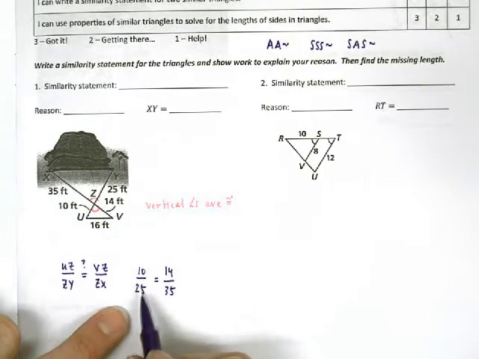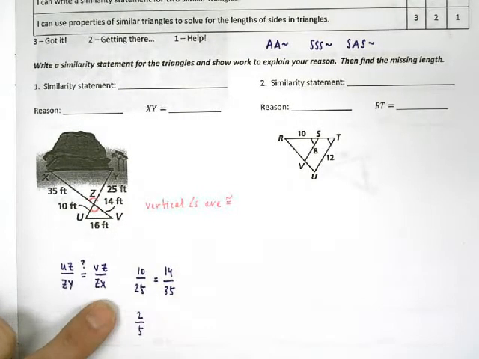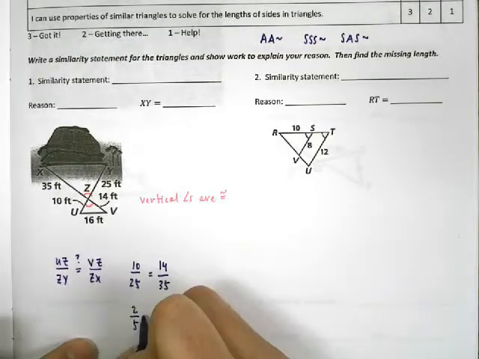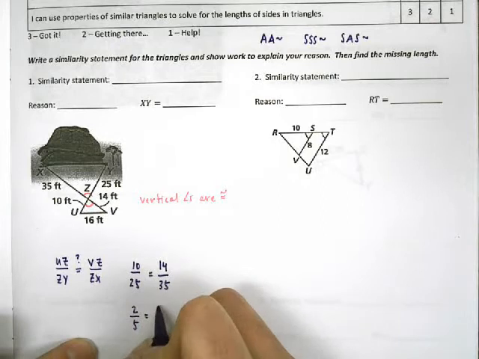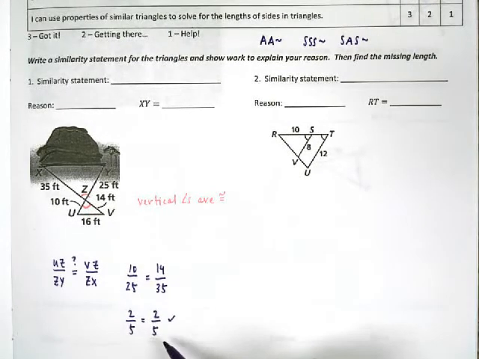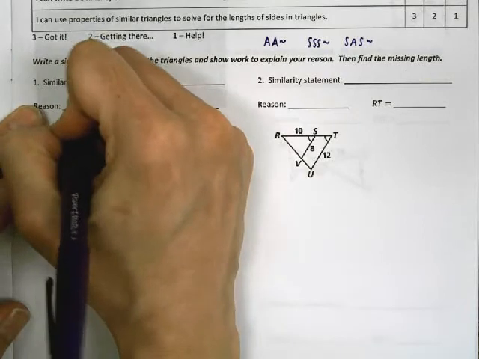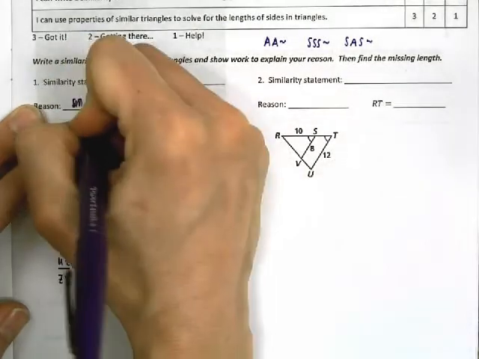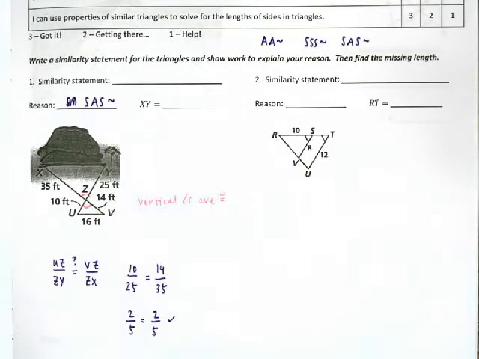So this ratio, I can divide both sides by 5, so that's going to reduce to 2/5. And again, you can always check that in your calculator. Here, I can factor out 7, so if I divide by 7, I'm going to get 2/5 as well. And so since I have corresponding proportional sides and a congruent included angle, I know these are similar by SAS similarity.